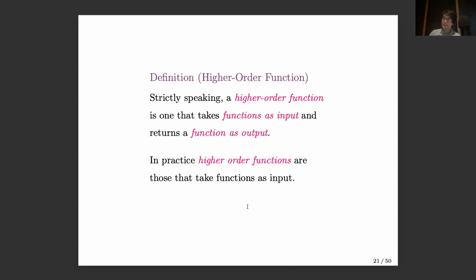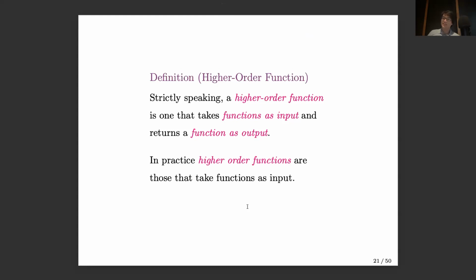So strictly speaking, a higher order function is a function that takes functions as input and returns a function as output. We've already seen this in this class. I've created functions that return functions. I've created functions that take functions, right? Those are called higher order functions. In practice, higher order functions are typically those that take functions as input and return something that's not a function.